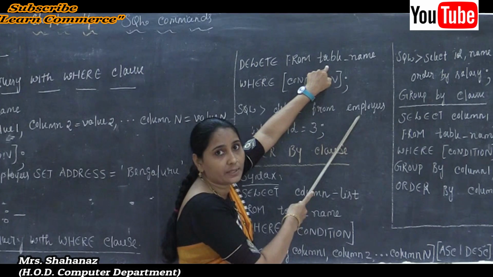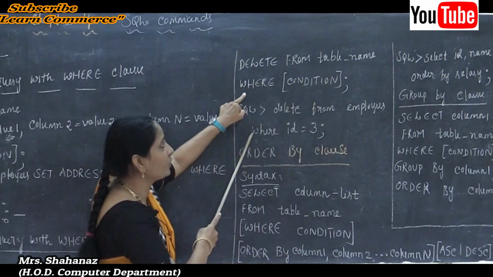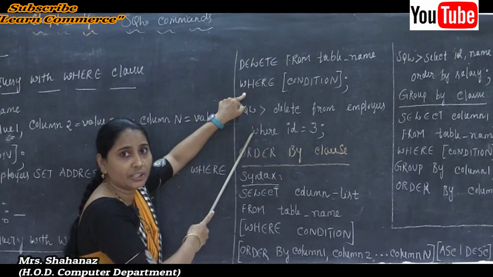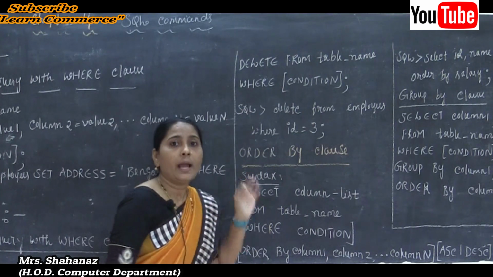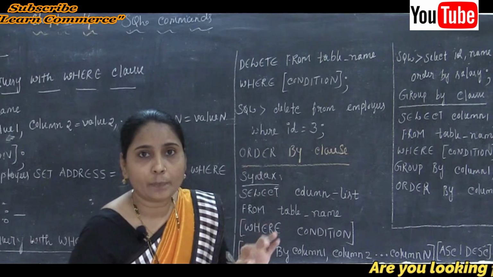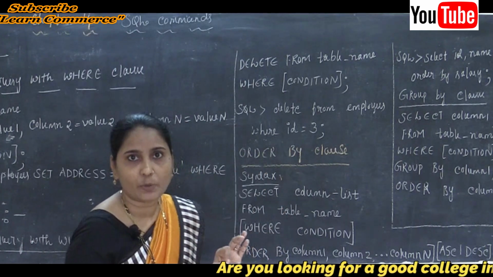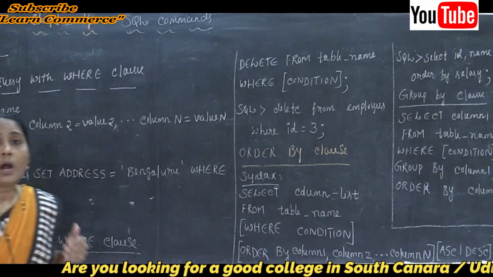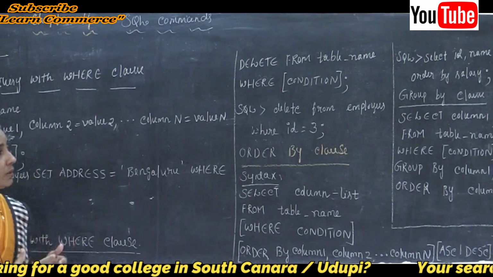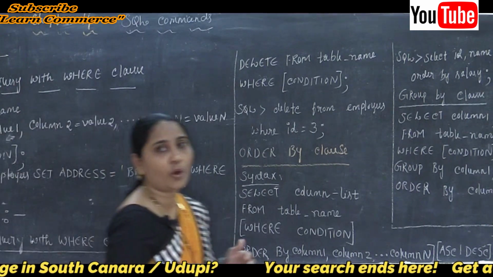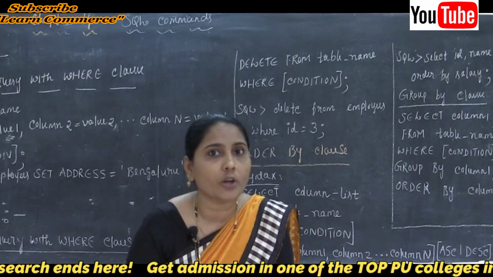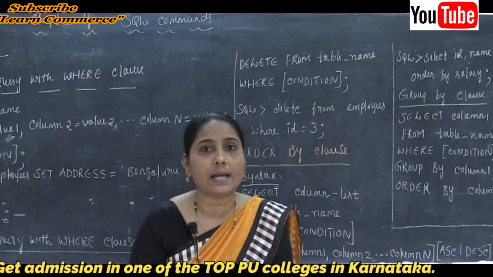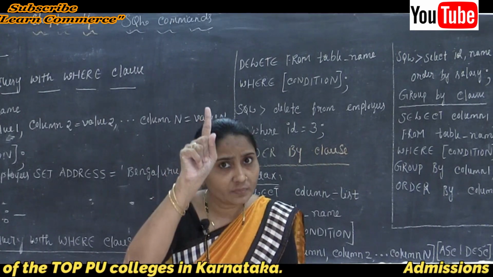The name of the table is employees, and I use the WHERE condition: WHERE ID = 3; and when you press the enter button, it will delete. Is this point clear? So how did you come to know that the record is deleted from the employees table? Just to check whether the record is deleted or not, you have to use the syntax SELECT * FROM employees.